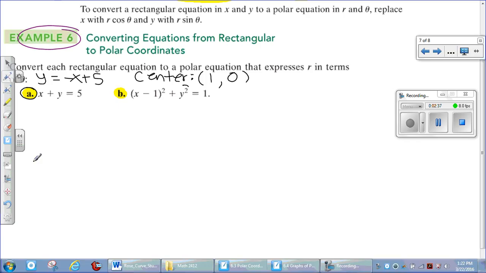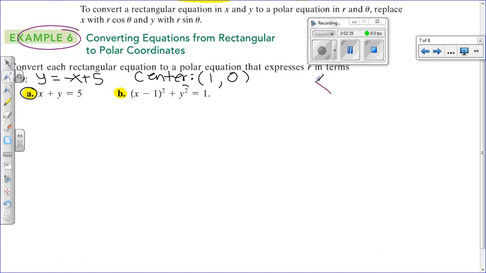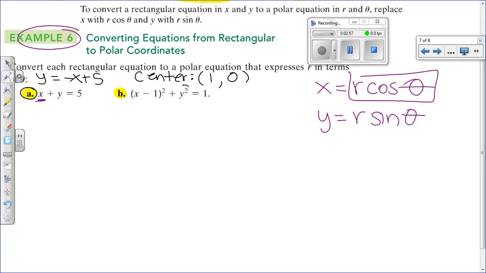What we're going to use is the fact that x is the same as r times the cosine of an angle, let's call it theta, and y is the same as r sine theta. So for every x, we substitute r cosine theta, and for every y, we substitute r sine theta.